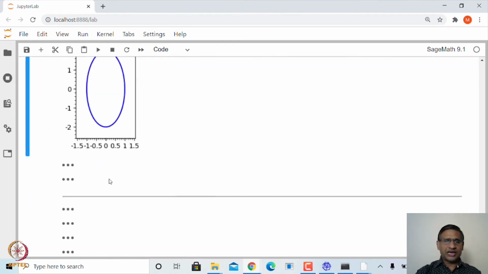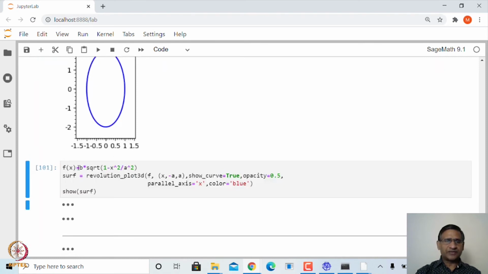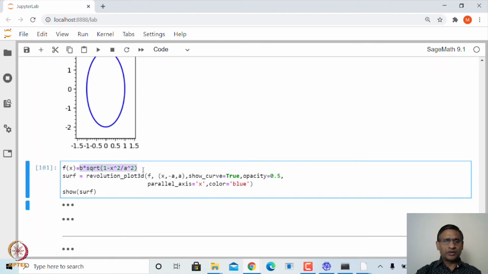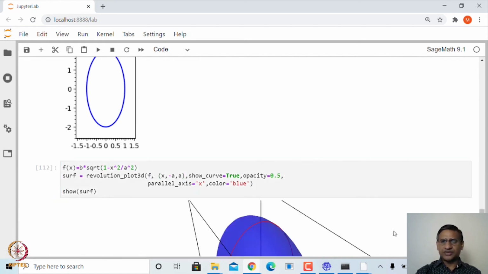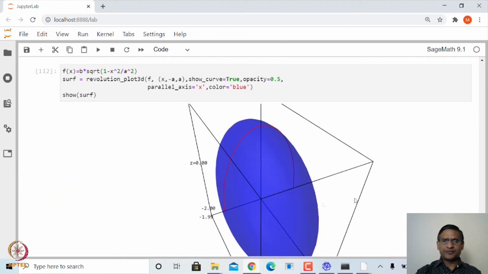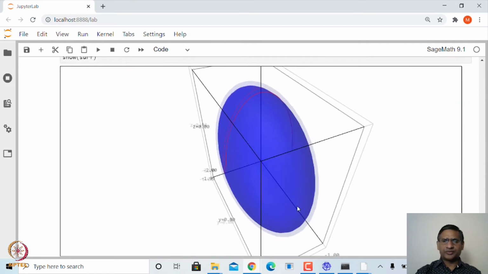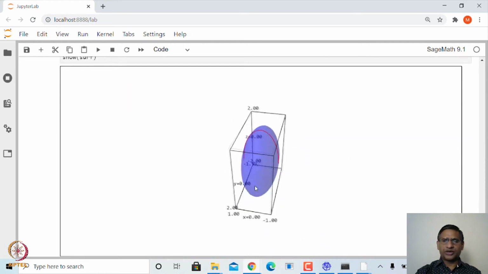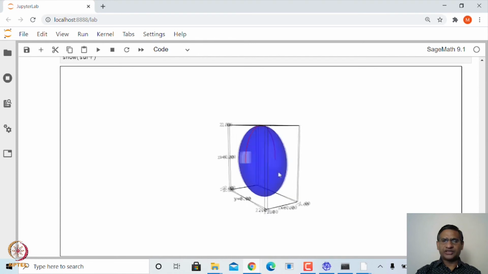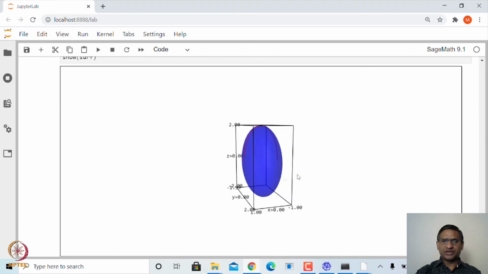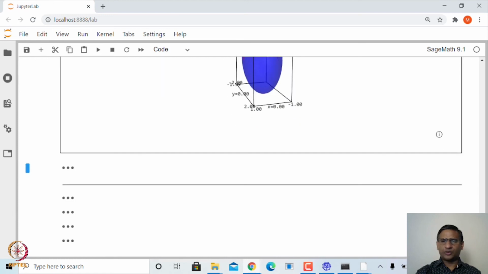So, if you take that function f of x is equal to b into square root of 1 minus x square upon a square and revolve or rotate this about the x axis between minus a and a, then you will get an ellipsoid. So, that is what you have. Let me make it slightly smaller. So, this is the ellipsoid. You can rotate this and see that it is the upper semi ellipse which we have rotated, right.